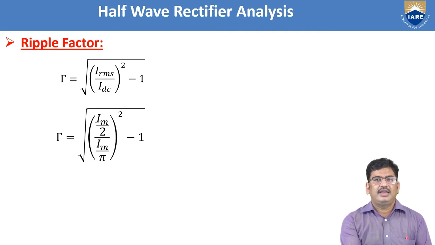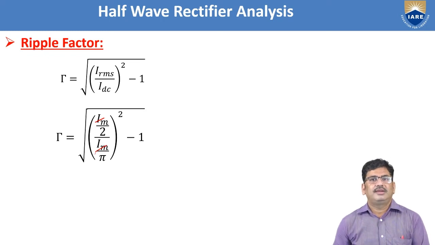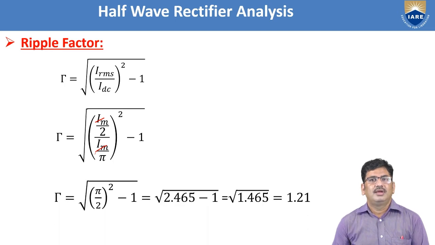Here Im gets cancelled. Then the ripple factor is square root of pi by 2 whole square minus 1. By evaluating this expression, we get the ripple factor equivalent to 1.21. So for the half-wave rectifier, the ripple factor is 1.21.